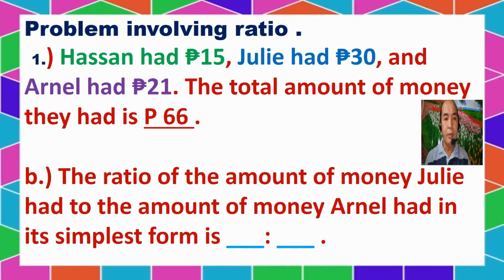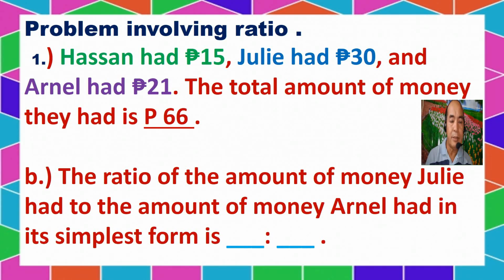Okay, let's take it to the second question. Letter B. The ratio of the amount of money Julie had to the amount of money Arnel had in its simplest form. So we will be having a ratio again of the amount of money Julie had to the amount of money Arnel had.